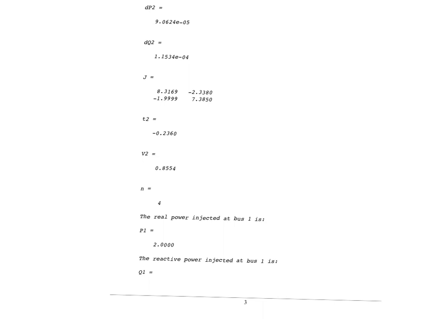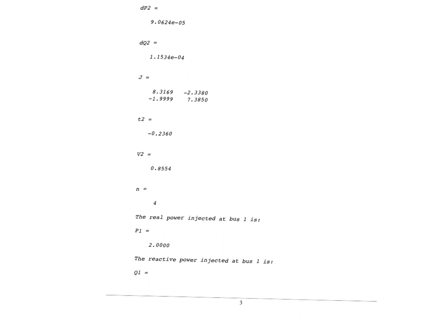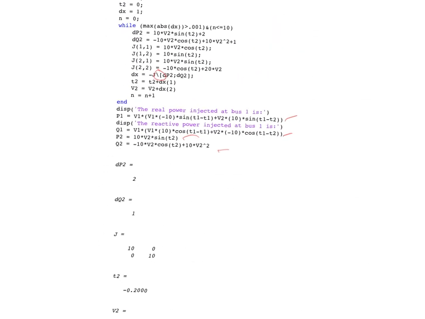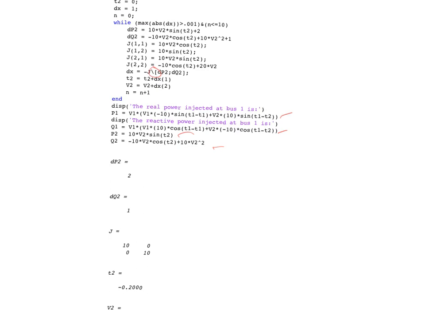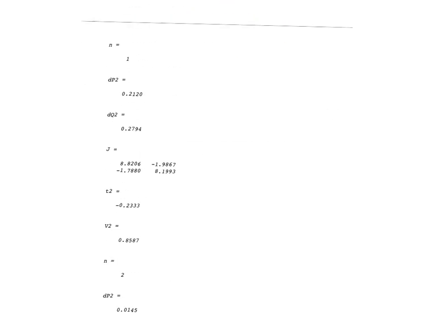But I'll run it one more time, and I'll stop it at this value. So this is my angle. That's my magnitude. Then those calculations that I did, right, way back here, the power injected at bus 1, for real and imaginary, should match what's on the screen.